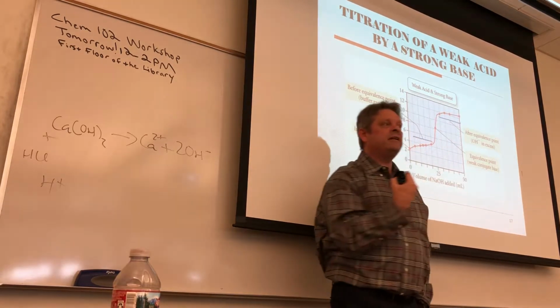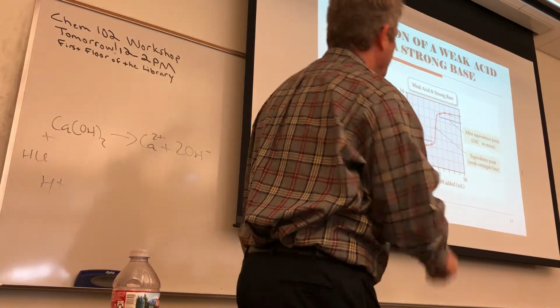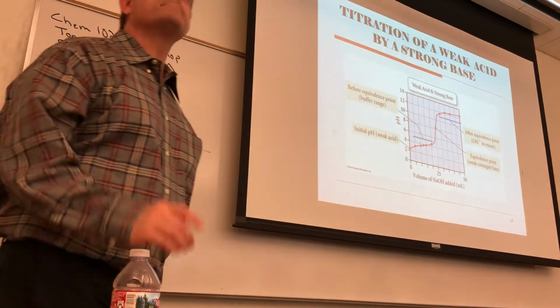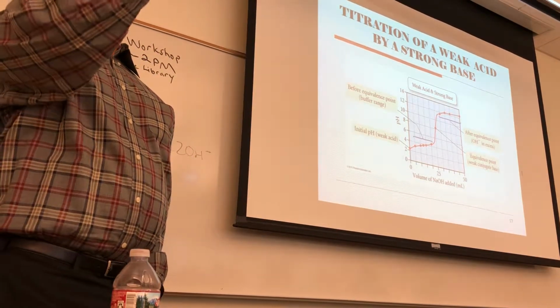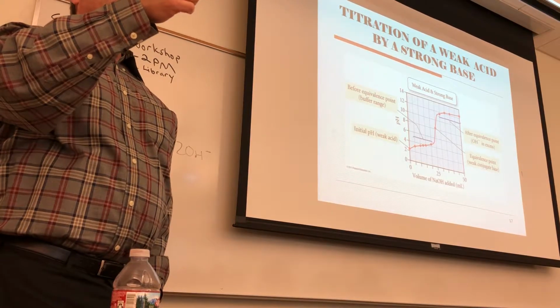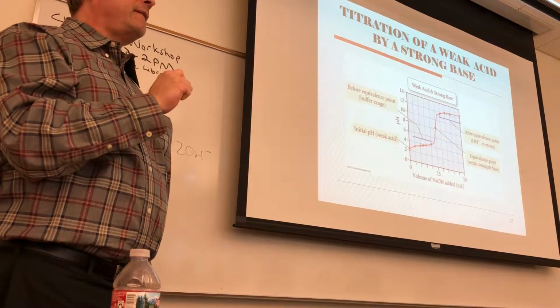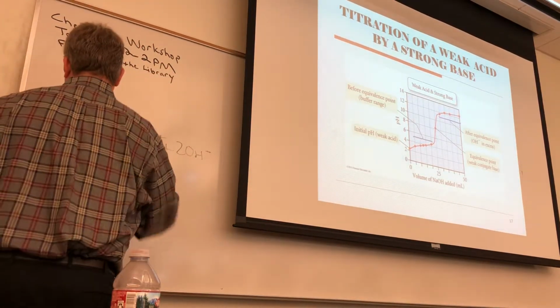Is it at 7? No, it's above 7. Why? Because when you add a strong base to a weak acid, you create conjugate base. The conjugate base of the weak acid, what does that do on its own in water? It creates a basic solution.